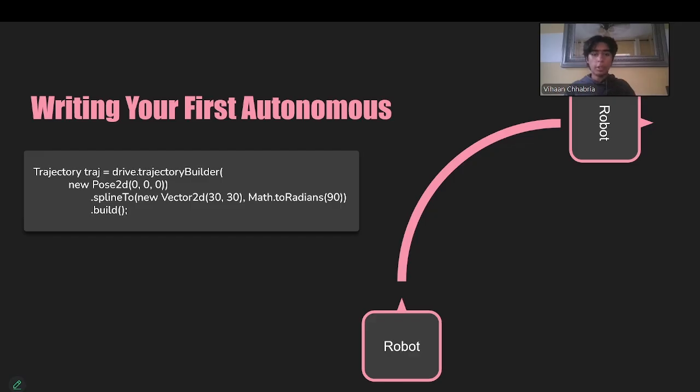They're called qualification matches. Based on how good you do, you get ranked, and then the top alliances are able to pick other teams to be on their alliance, and then they get to compete in a playoff style bracket.